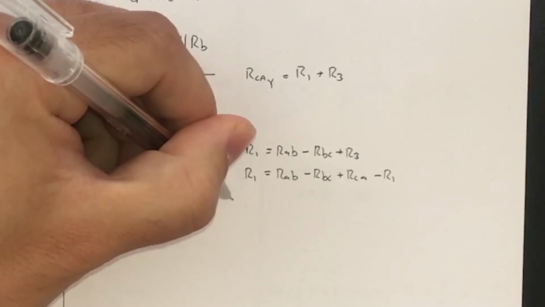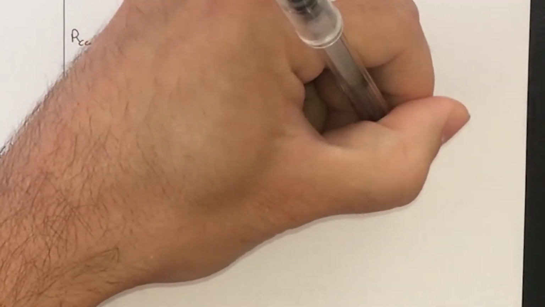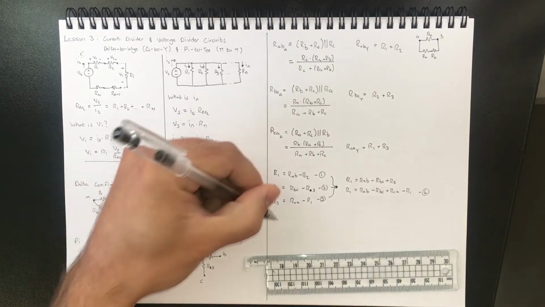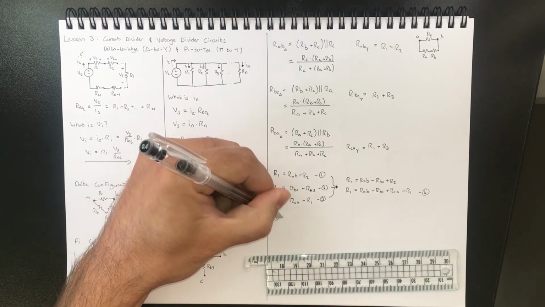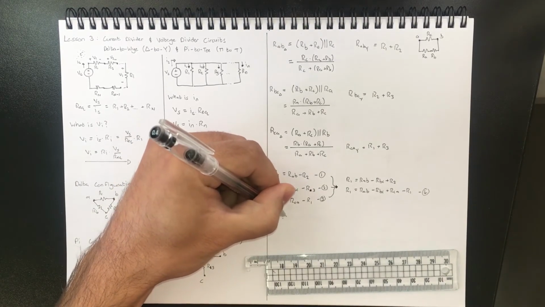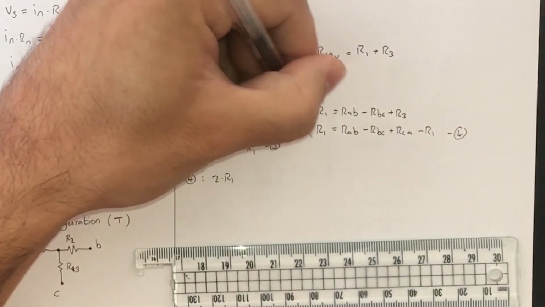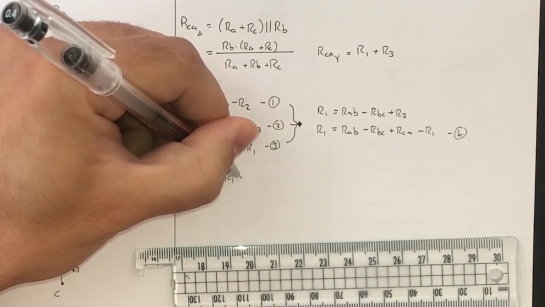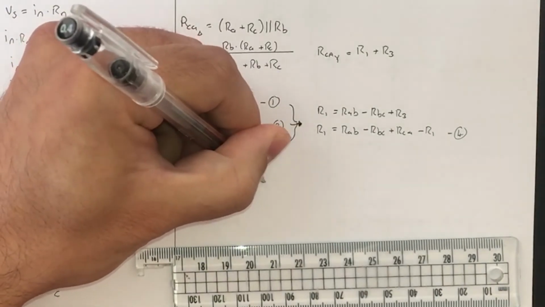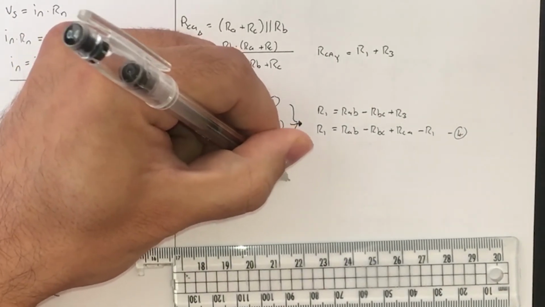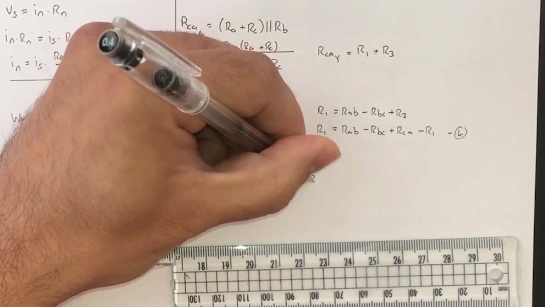So what we get then, we use this as our fourth equation. From 4, we can get that 2 of R1. So we take R1, add that to the left side of the equation, is RAB minus RBC plus RCA.